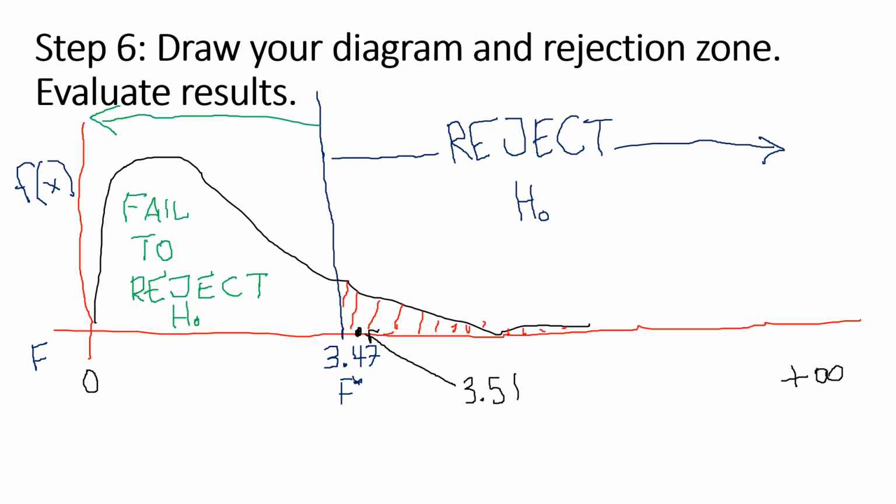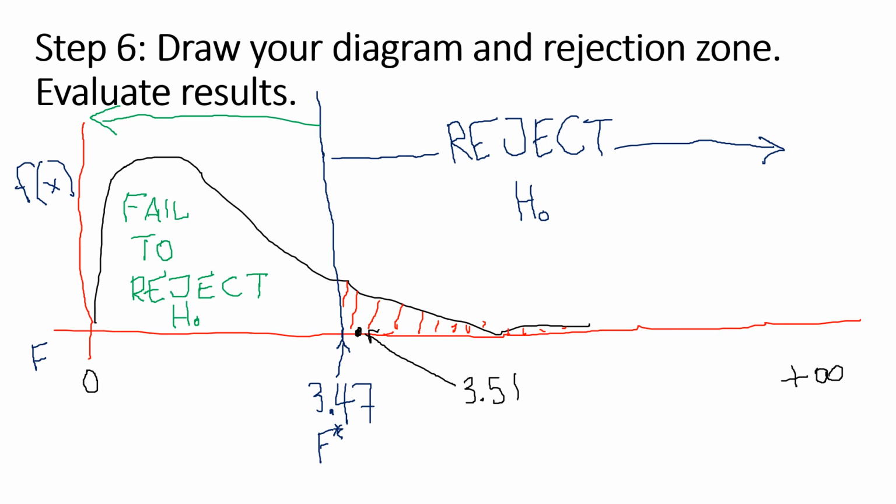And let me just flesh this out a bit. So this 3.47 is our F critical, right?